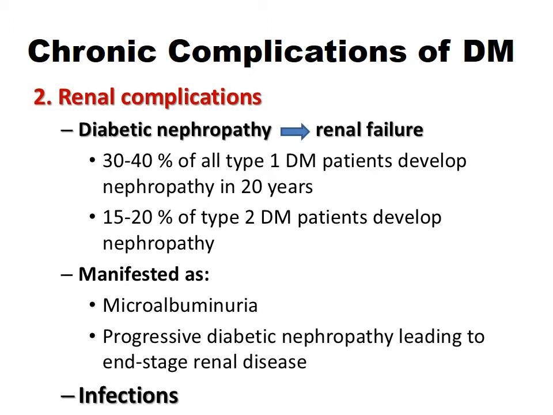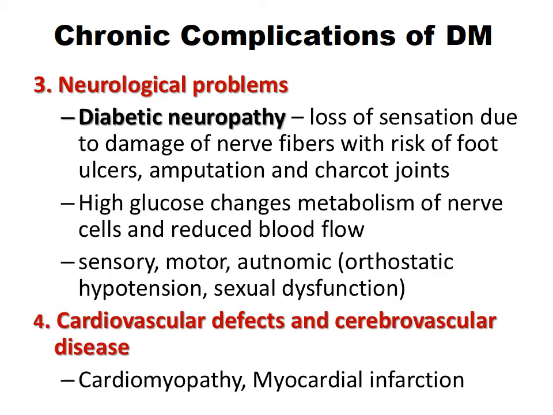These include diabetic nephropathy, which occurs both in type 1 and type 2 diabetes, manifested as microalbuminuria, progressive diabetic nephropathy leading to end-stage disease. Infections also are one of the complications in the renal system.